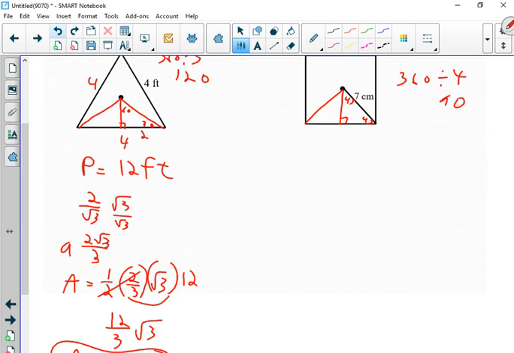So we need to figure out what this is right here. Well, that's one of our legs. And the apothem is going to be the same measurement because it's 45, 45, 90. So we're going to do 7 divided by root 2 and then rationalize. So that's 7 root 2 over 2, or 7/2 root 2.